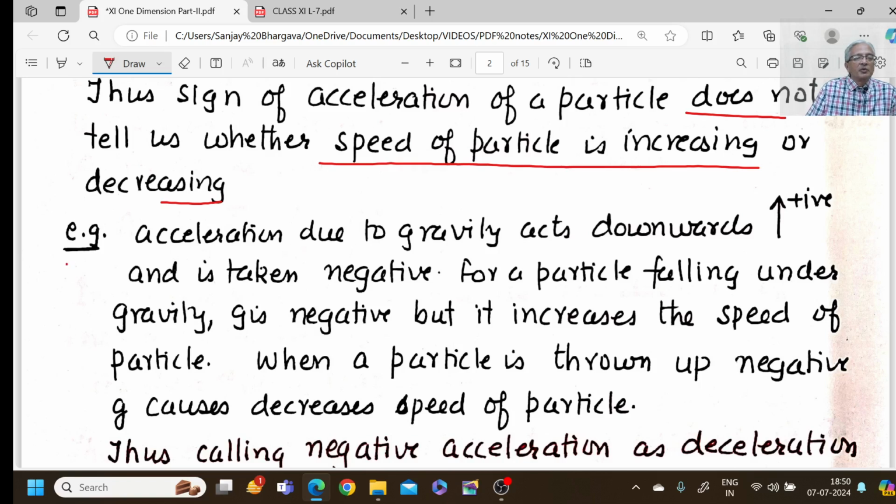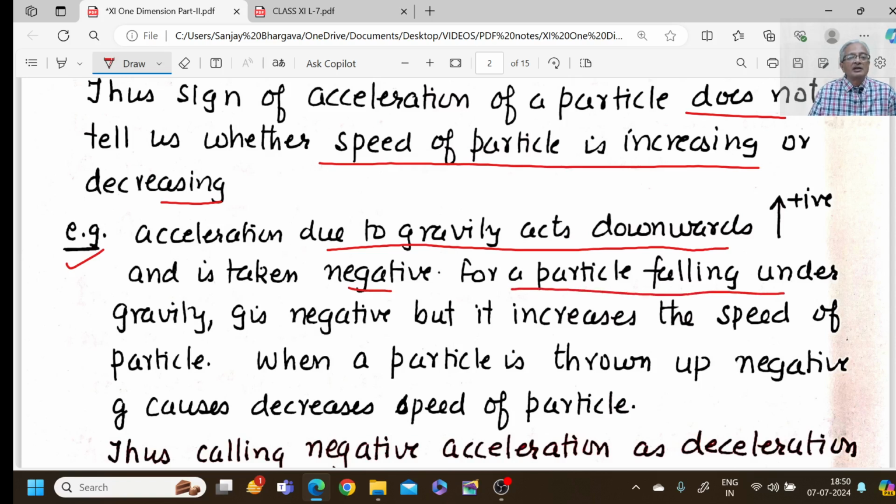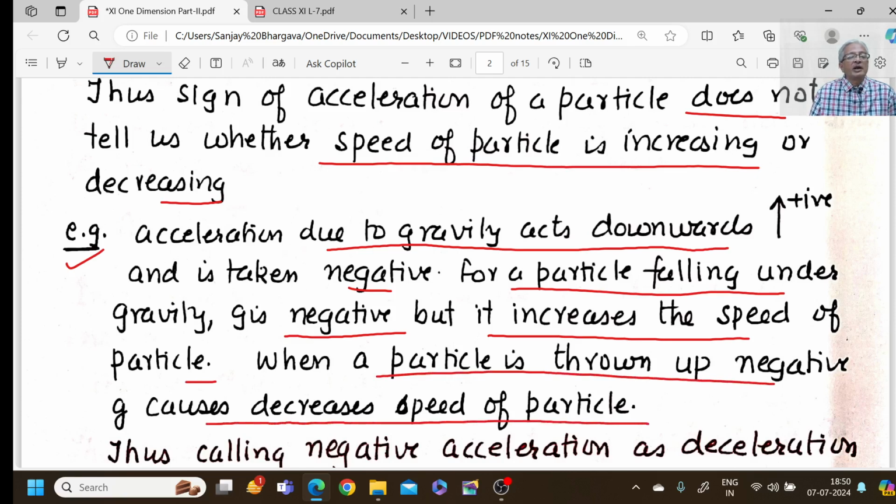Let me provide an example. Acceleration due to gravity acts in the downward direction and is taken negative. For a particle falling under gravity, g is negative, but it increases the speed of the particle. When the particle is thrown up, negative g causes a decrease in the speed of the particle.